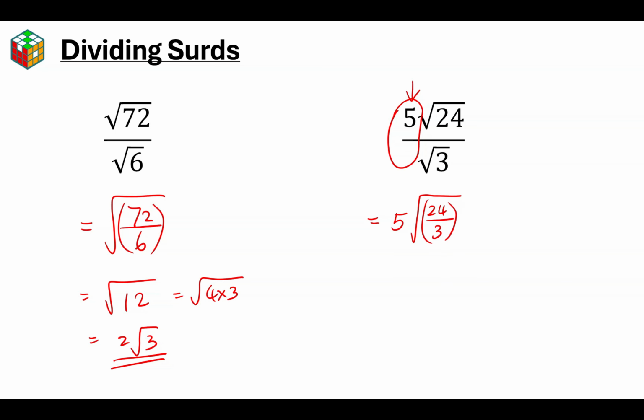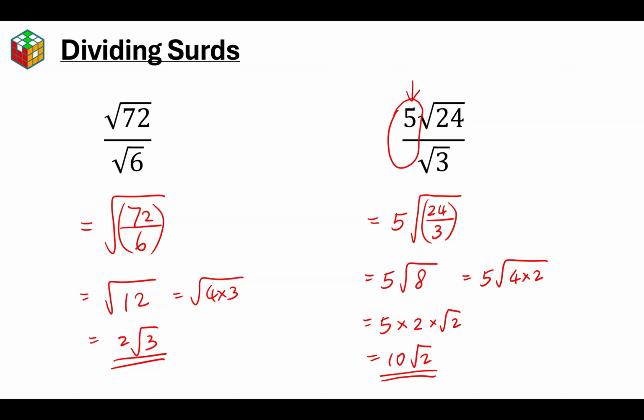Imagine that is an invisible bracket there. 5 root 8, and I can see the 8 is going to be 4 times 2, so that means 5 times 2 times root 2 is going to be 10 root 2. So think about that as an invisible 1 there. Do the number first and then do the surds. Remember there is an invisible bracket, so do the bracket first and then divide and then simplify it further.